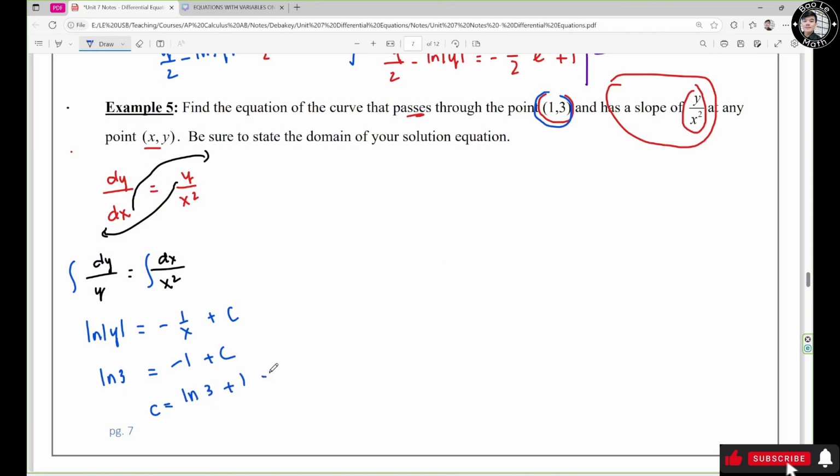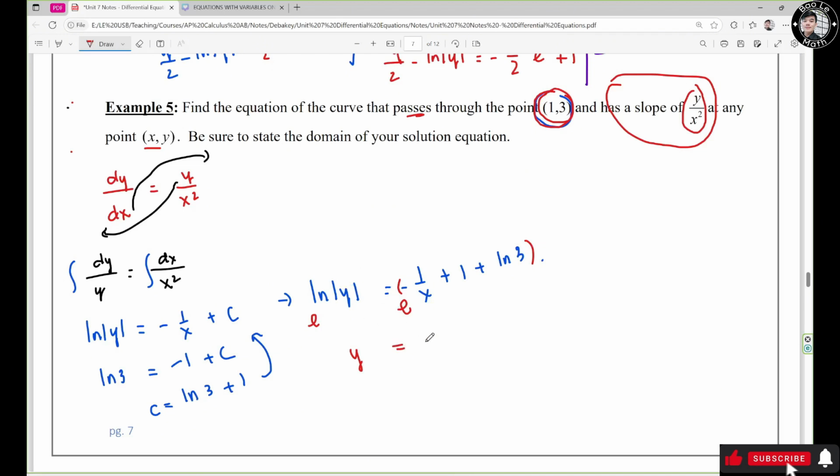Now, the final solution should be natural log of absolute value of y equals negative 1 over s plus 1 plus natural log of 3, right? Now, to simplify this one, you need to exponentiate both sides, right? So I have e raised to this one equals e raised to this one, right? So it's going to be y, because the initial condition right here is positive, so you can remove the absolute value sign.